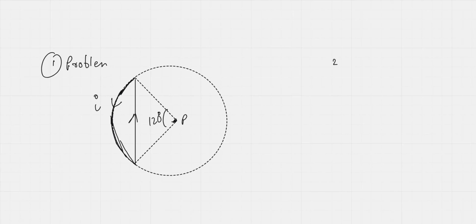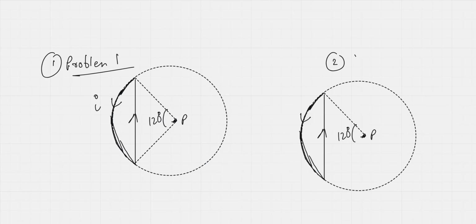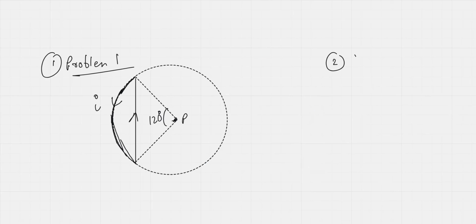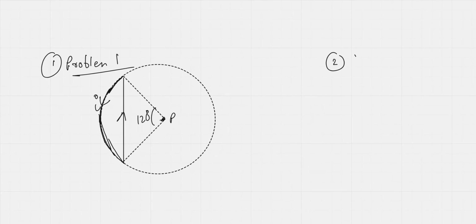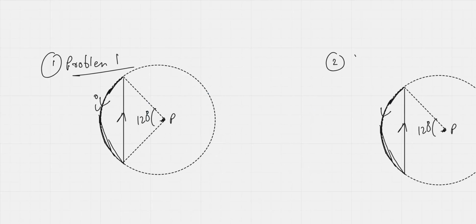The second problem is, when you are given a complete circle like this, so basically you have this kind of circle.